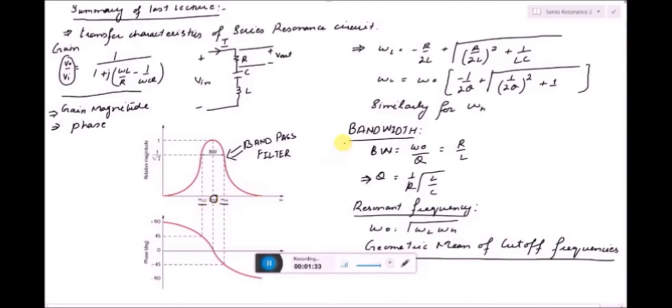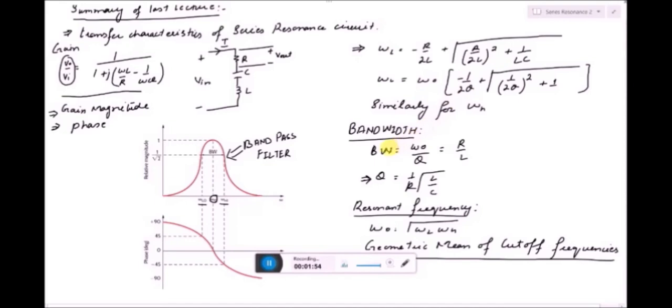Then later we calculated the formulas for the lower and upper cutoff frequencies. The first formula was in terms of only the circuit elements, resistor, inductor and capacitor, and the second formula we found in terms of the resonant frequency and the quality factor.